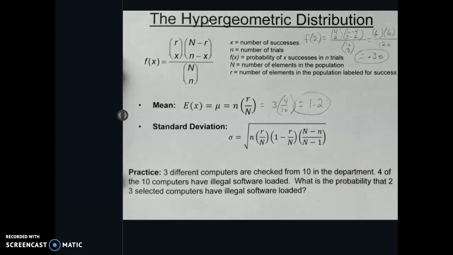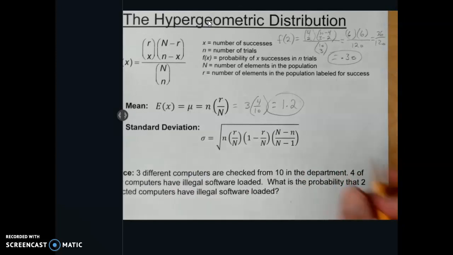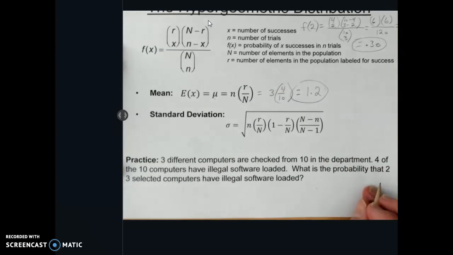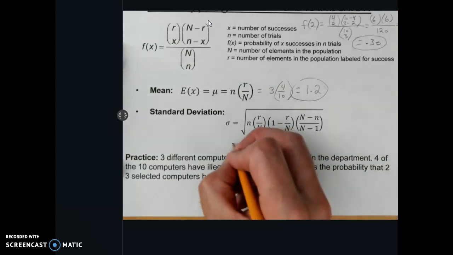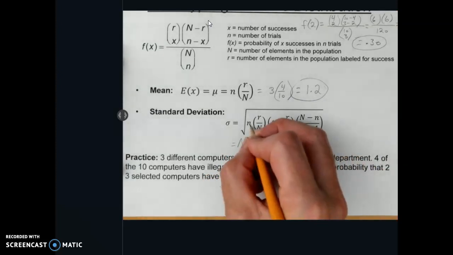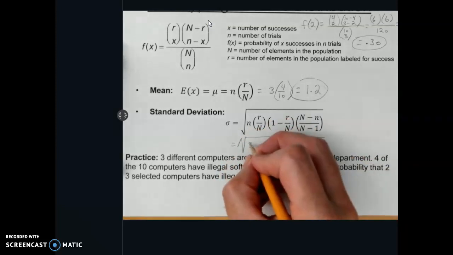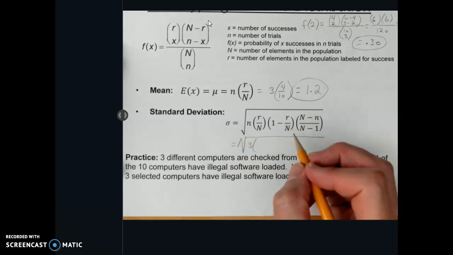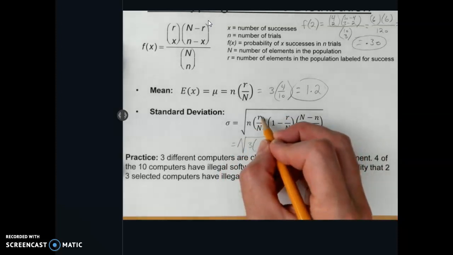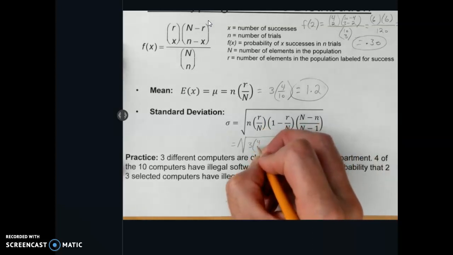This distribution would have an average value, an expected value of 1.2 computers that have illegal software. For the standard deviation, we just plug in the numbers here. Let's move this over a bit. And actually, let's do it right here so we can see the narrative. Well, for our sample, we know that's 3. We're going to multiply that by the number of successes in the population over the total population number, which is 4 out of 10.